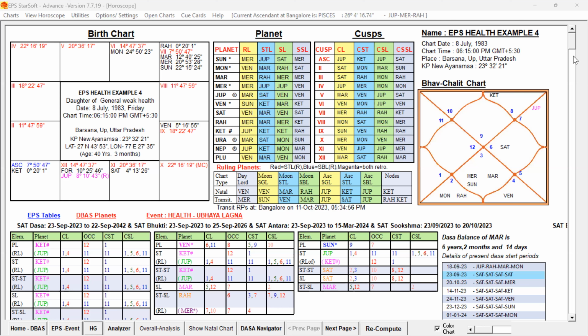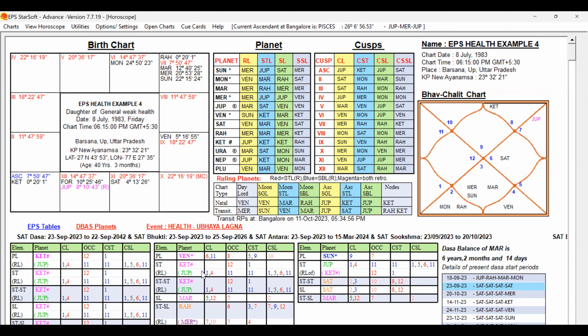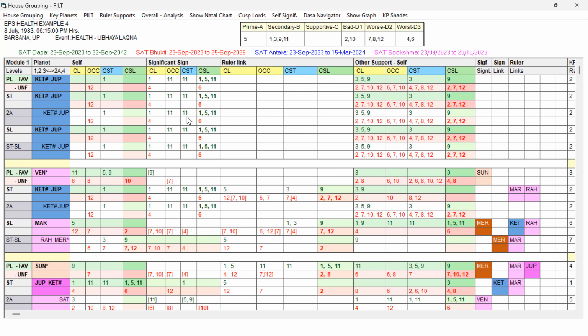This is the birth chart of that female native, and she is Ubhaya Lagna. Now we are going to analyze with the help of the PILT table. Actually, we are going to find the unfavorable key planets which are making the destiny weak, and also check those planets which have these unfavorable key planets in the Dasa Buddhi.